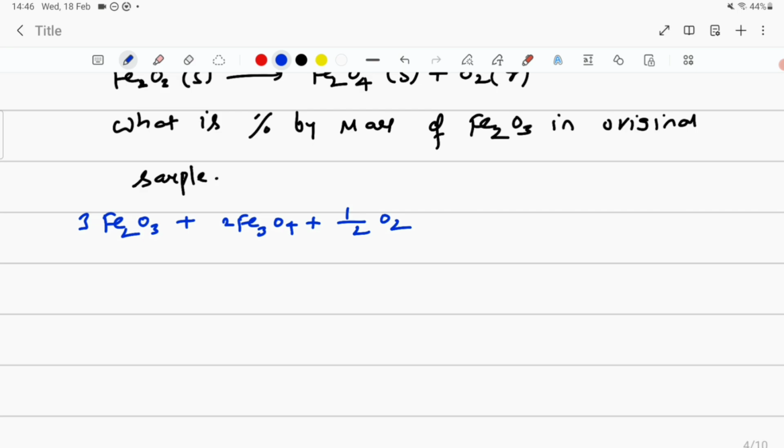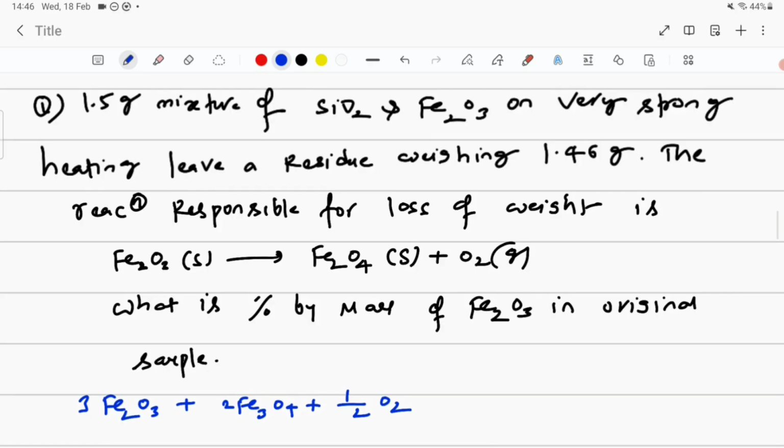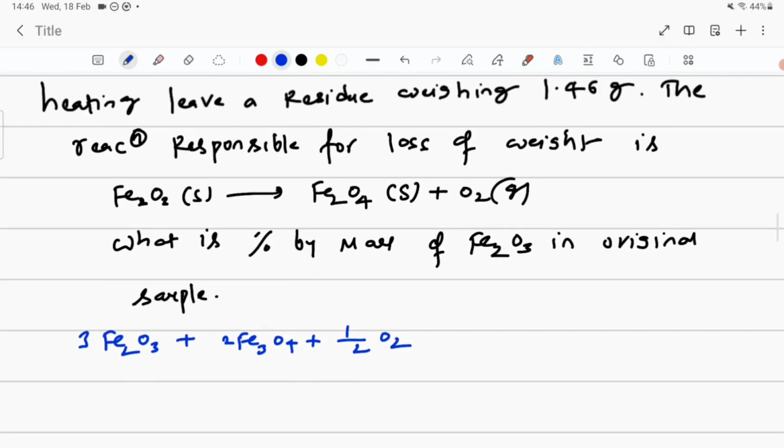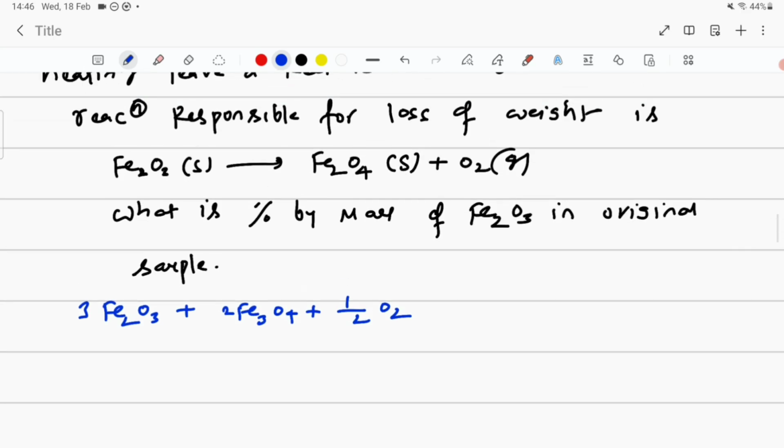So now in the question you see, percentage by mass we need to find. Okay, 3 moles of Fe2O3 given here. Fe2O3 mass 160, the molecular weight of Fe2O3.